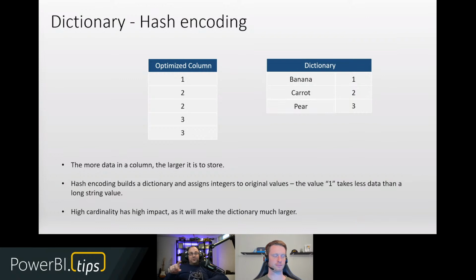So what you could do to reduce cardinality is store everything in lowercase, so there's no difference in capitalization, if that's possible for your data model, and if there are common terms, make them all mean the same thing. Those are things you can do on the back end in the data warehouse side that will reduce the cardinality and allow higher levels of compression in your model.